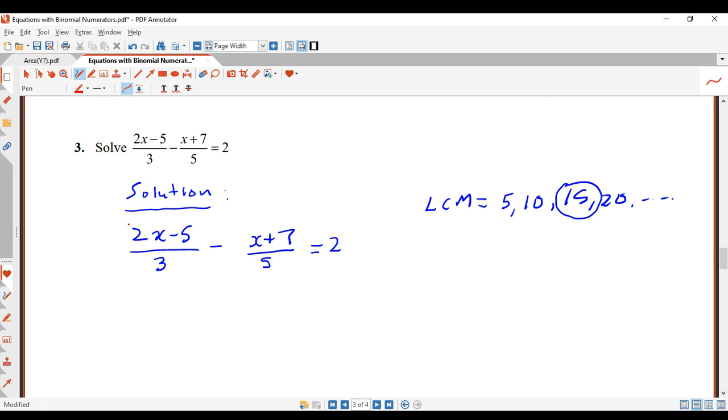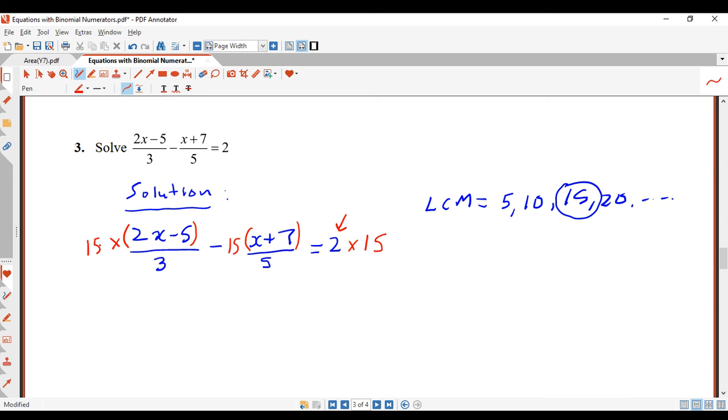Now remember, for the binomial numerator, we put the brackets around it, and I'm going to times that by 15. And then brackets, and then times by 15. Now, just like last time, make sure all terms get multiplied by that. This is an easy one to forget here, so make sure you don't forget that one.